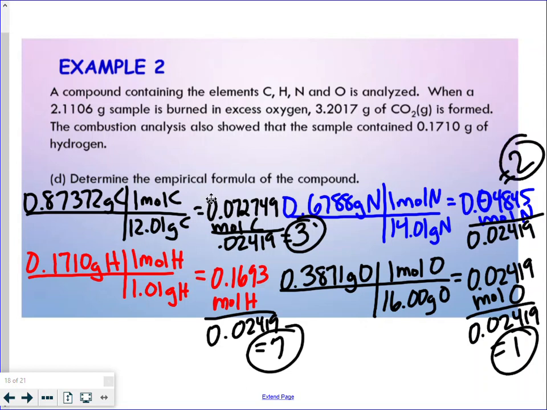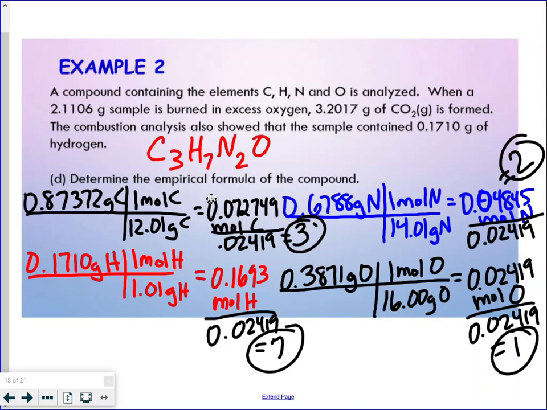So our empirical formula is going to be C3H7N2O. Is that what you got?